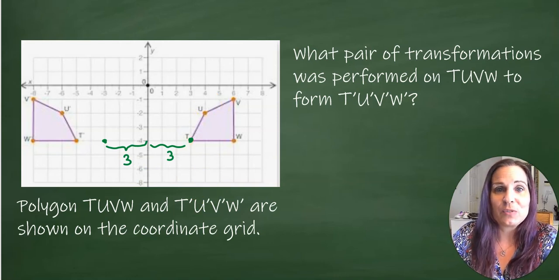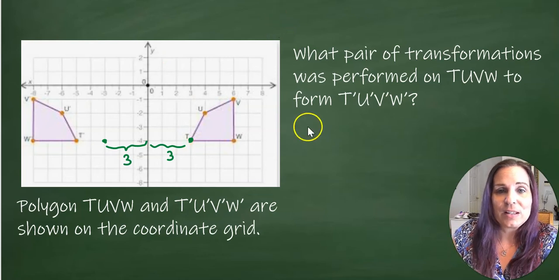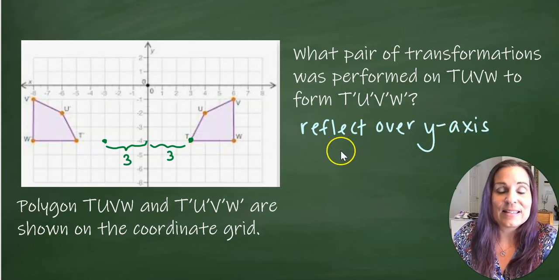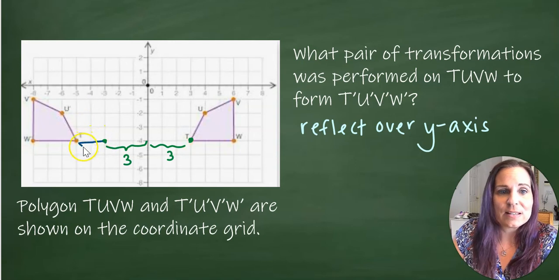If we do the reflection first, then we would reflect over the y-axis, and then the second thing we would do would be to translate 2 units to the left, right? So that would be the second transformation.